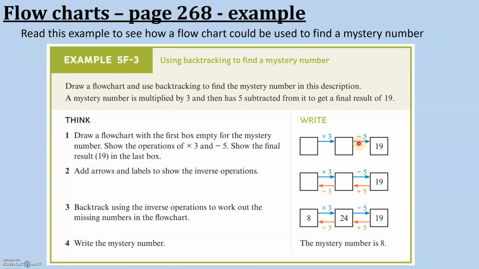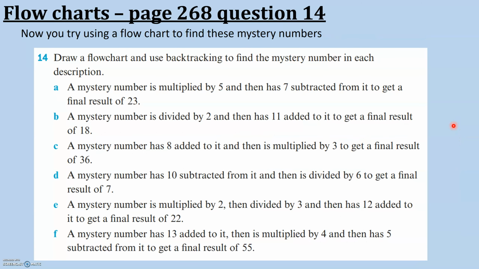So the inverse operation of taking away 5 is adding 5. So we can do that. The inverse operation of multiplying by 3 is dividing by 3. So we can do that. And we find that our mystery number is 8. So pause the video and take some time to read through this example. And then it's your turn.